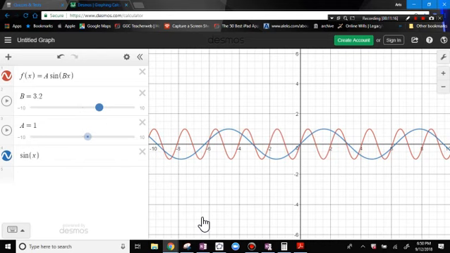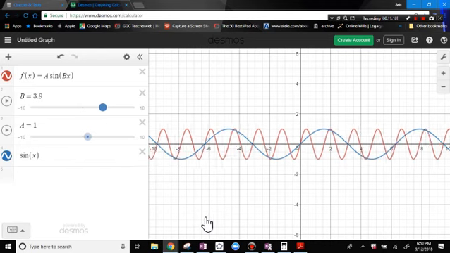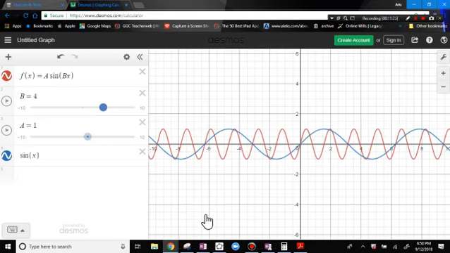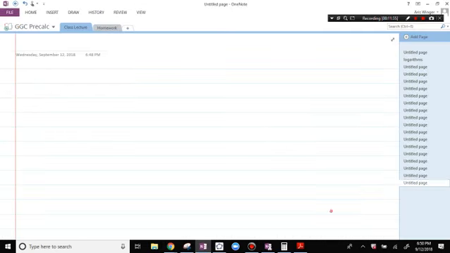So when I put it at 4, then what was once pi seconds it took to hit the x-axis happens at pi over 4 seconds. And you can see that pretty easily. Because when you look at the sine of x versus the sine of 4x, when you plug in pi here, the sine of pi, the y-coordinate at pi, is 0.